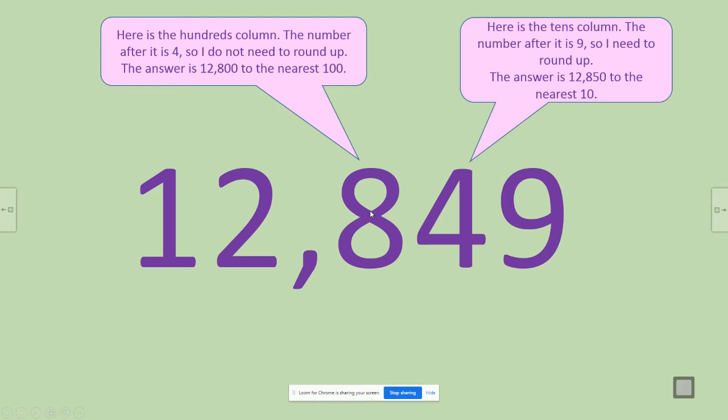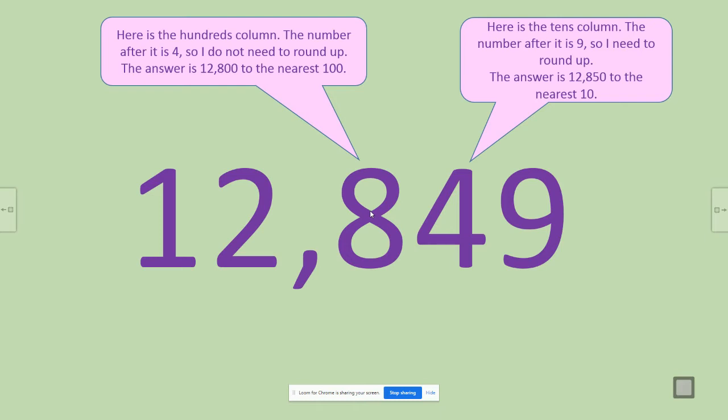So if the number is below 5, then we don't need to round up. So if we've got 12,849 to the nearest 100, that would be 12,800. And let's just again look at that logic.